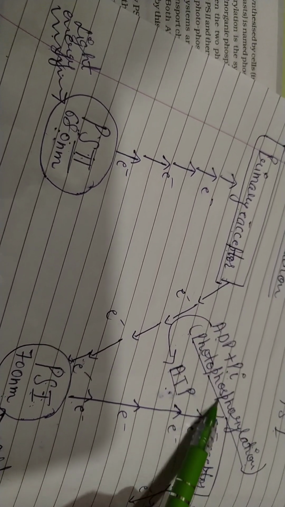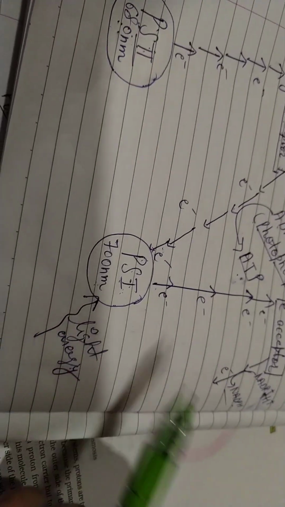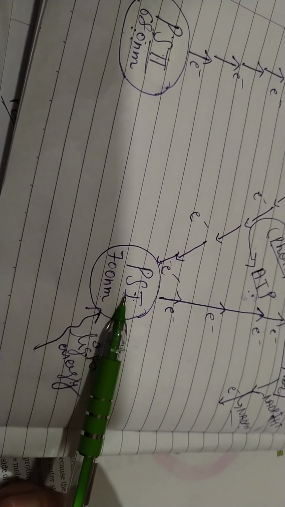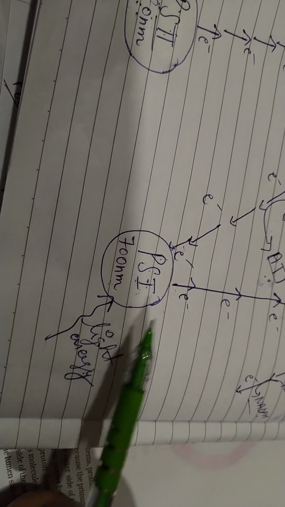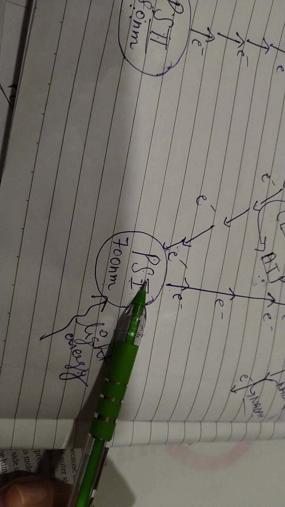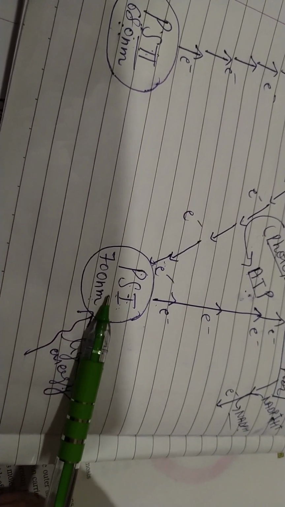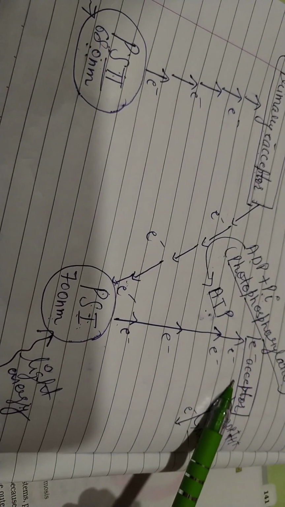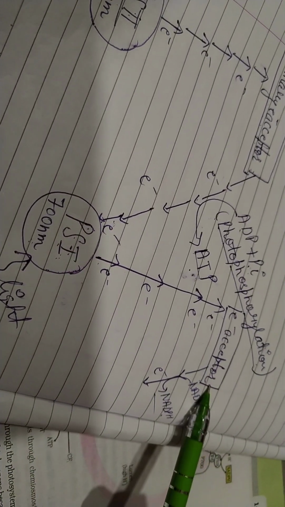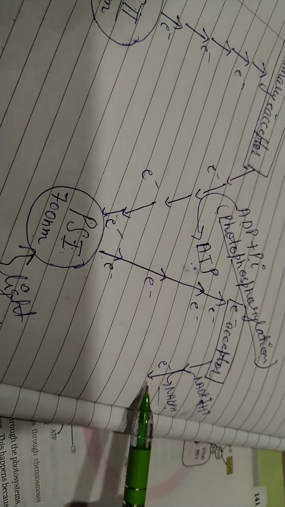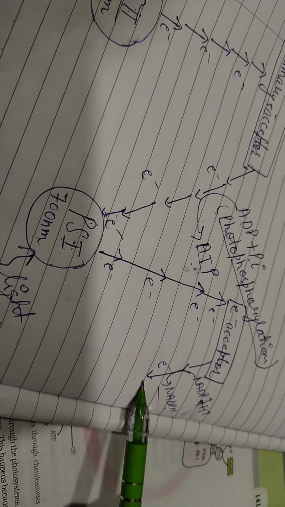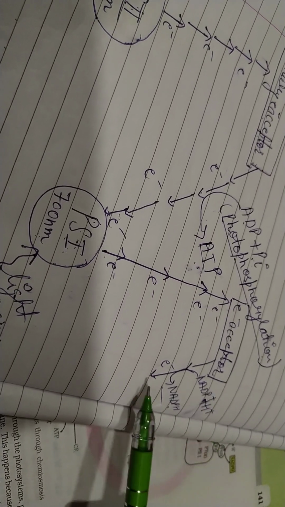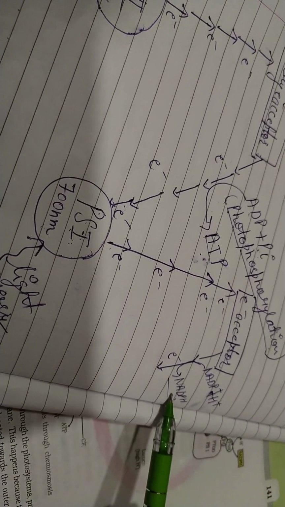That is called photophosphorylation. In the next step, photosystem 1 is also illuminated by light, so that will also absorb light energy, and the electrons which are received from here will be excited to the high energy state, and from the high energy state these electrons come back to the lower energy state, and again energy will be released, and that energy is utilized for making NADPH.